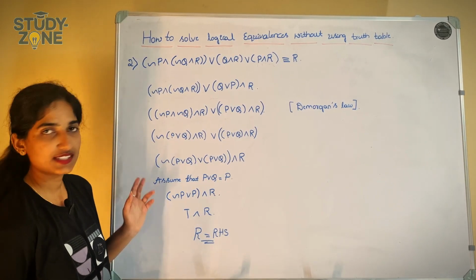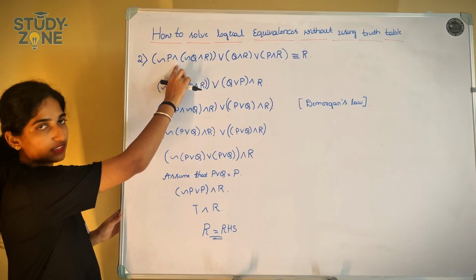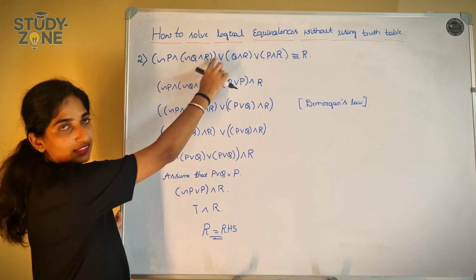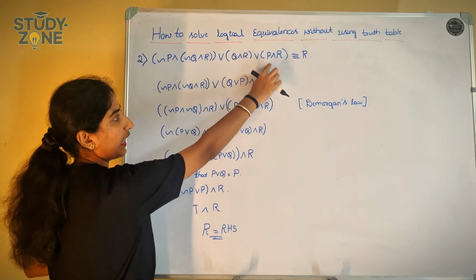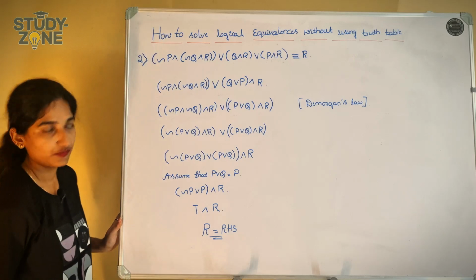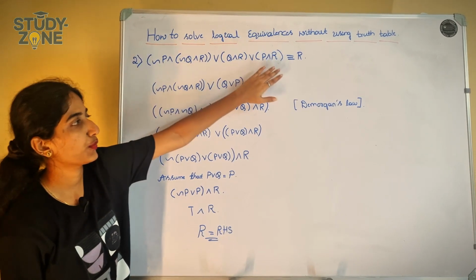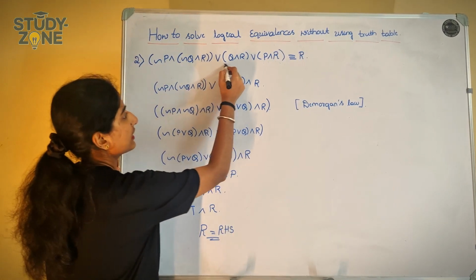Now let us solve the second problem, that is (not P and not Q and R) or (Q and R) or (P and R) is logically equivalent to R. Okay, which means we have to show this LHS is logically equivalent to RHS, that is R. So now let us consider this thing first.